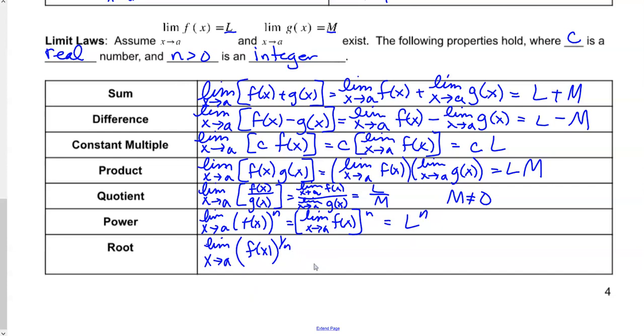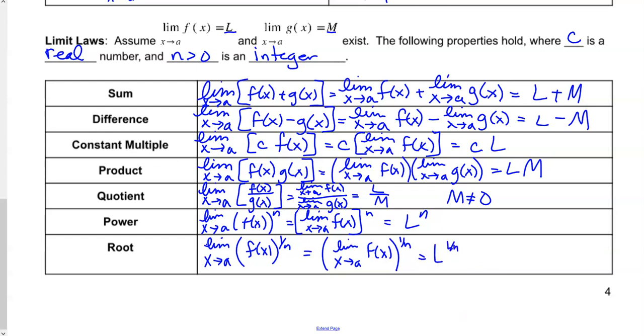It means that we can take the limit as x approaches a of f of x to the 1 over n power. And again, since that limit of f of x is equal to L, I can just take L to the 1 over n power.